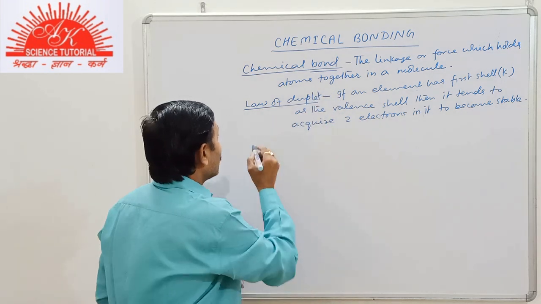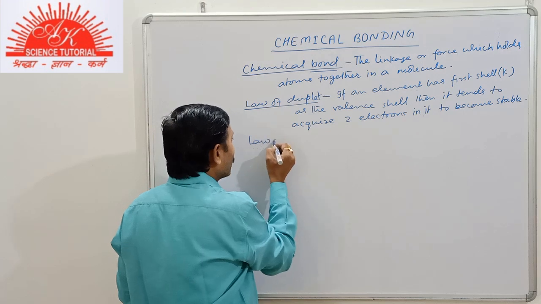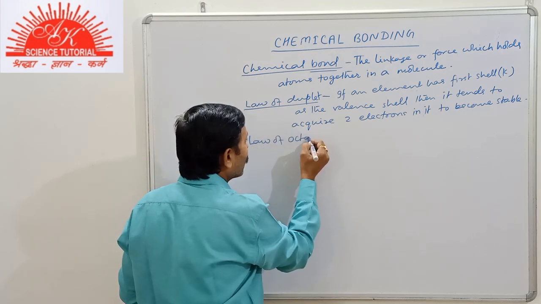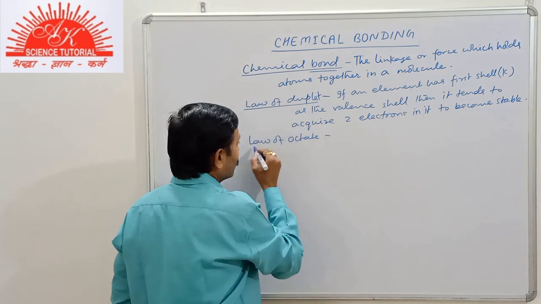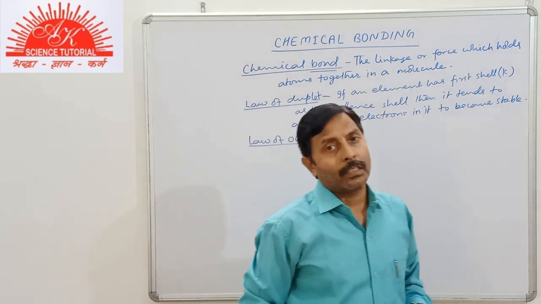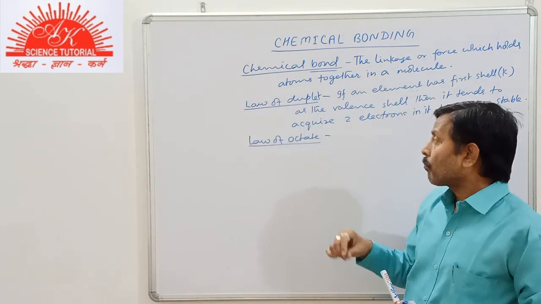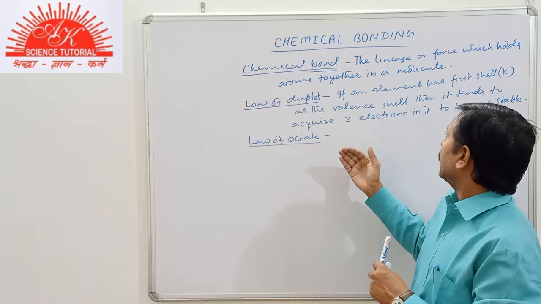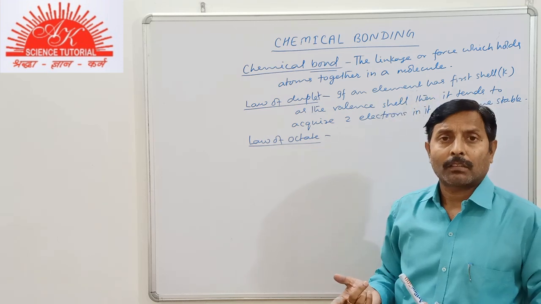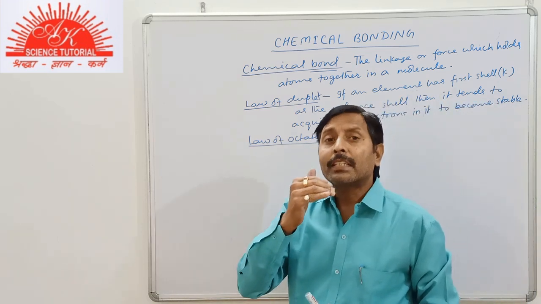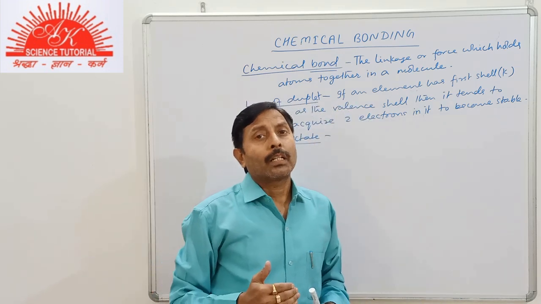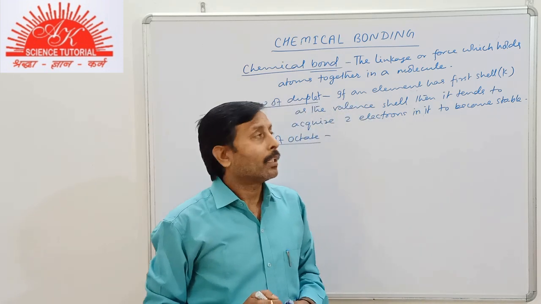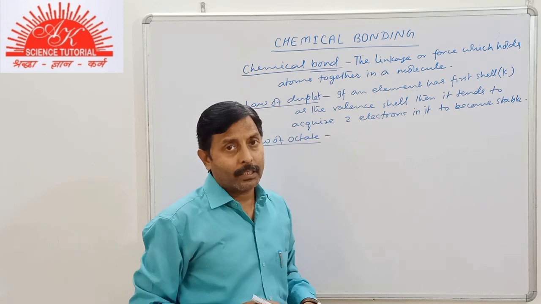Now, next is the law of octet. Octet means 8. If the valence shell is other than the K shell, then it needs 8 electrons in it to become stable. This is called the law of octet.